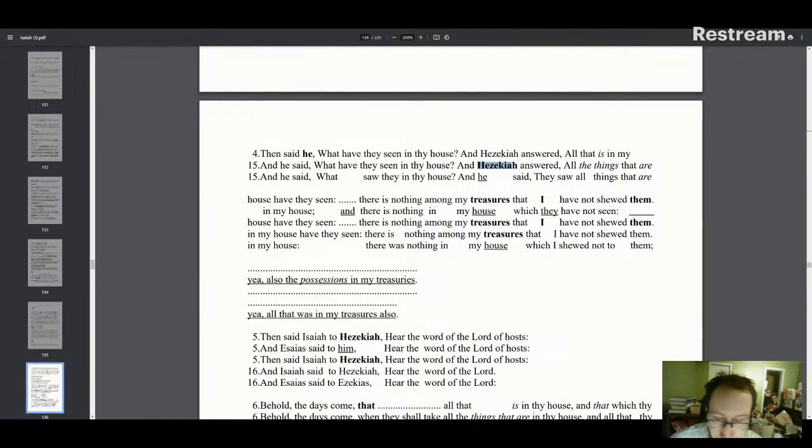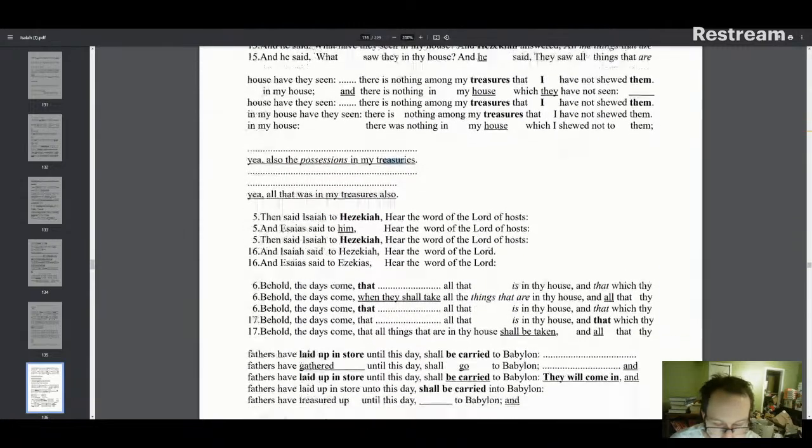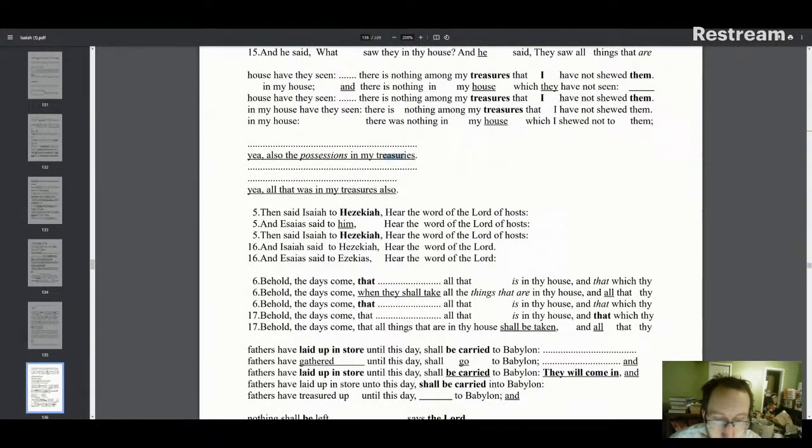Let's see here. Septuagint in both versions is the only one that says, yea, also what was in my treasuries. Here Isaiah says, "Word of the Lord of hosts," and Second Kings says, "Hear the word of the Lord."